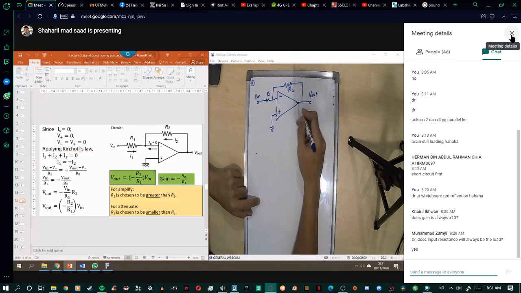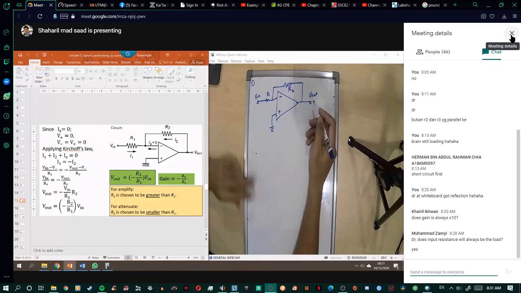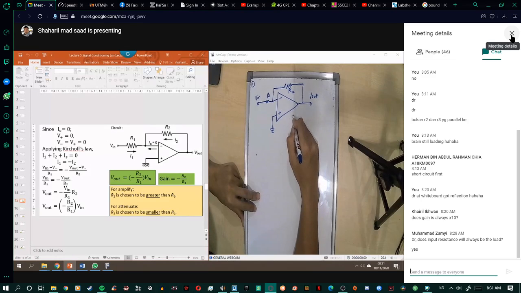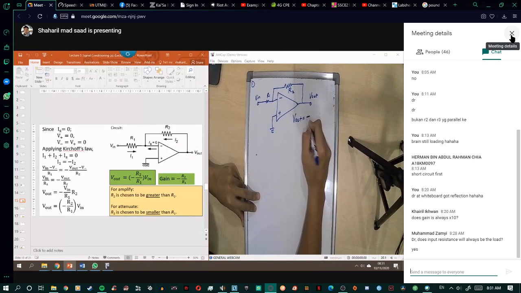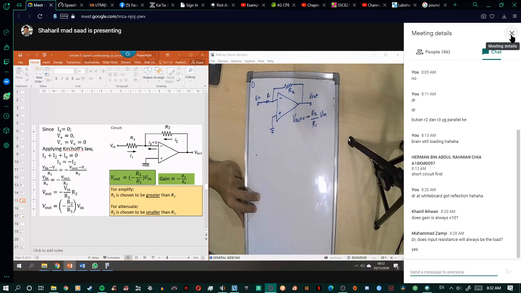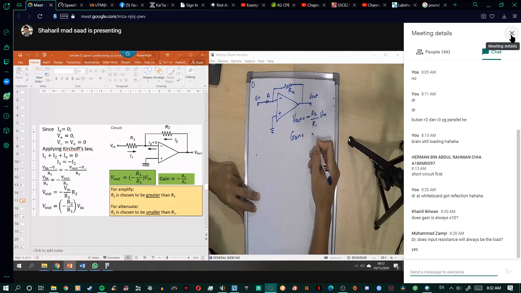Based on the derivation shown on the slide, we get V out equal to minus R2 divided by R1 times V in. So where is your gain? You can take it as negative R2 over R1.